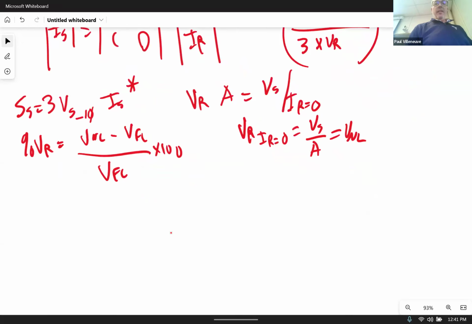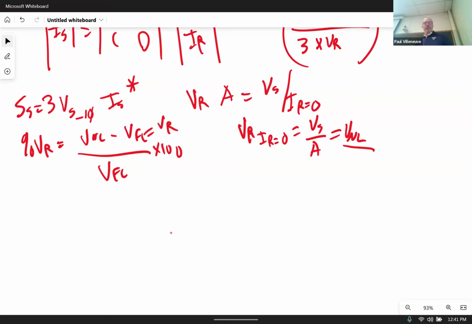So V no load is here, and then V full load is VR. A lot of people didn't include the voltage regulation equation, but a bunch of people were not even sure how to get the no load voltage. It's just VS over A, right? That's all it is. Questions on that?